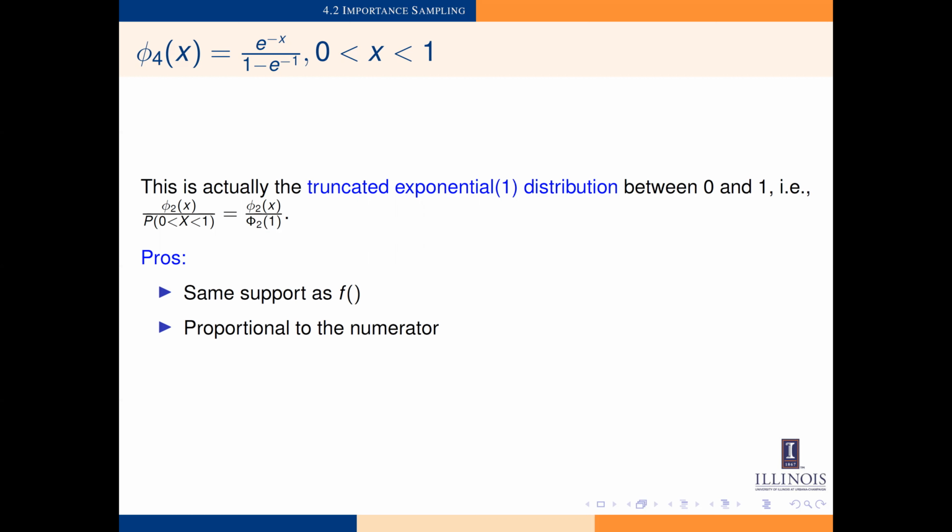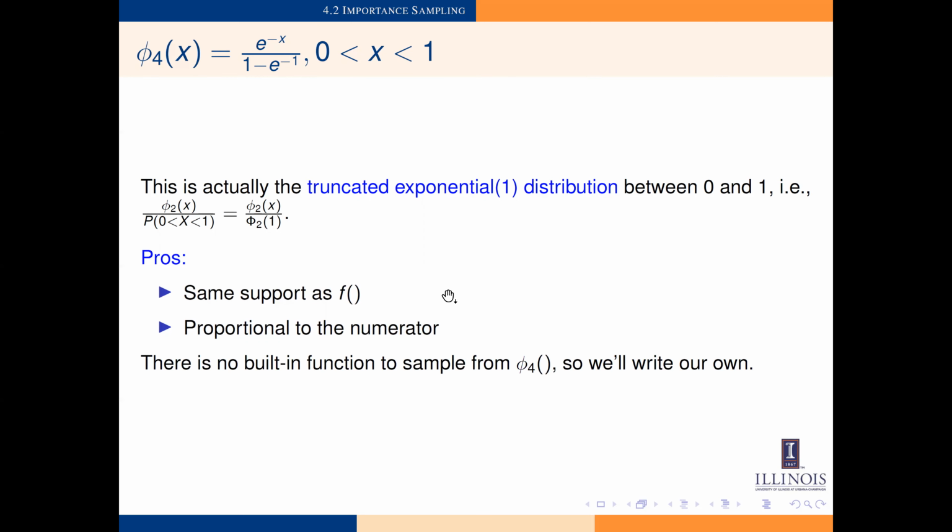So first of all, the support is the same as f. So the support is between 0 and 1, which is the region we are interested in integrating over. Second, the phi 4 given this way is proportional to the numerator of g x f x. However, there is no built-in function that we can use to sample from phi 4, so we will need to write our own function.